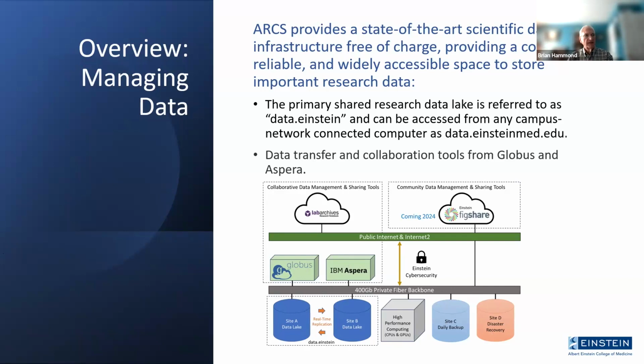These are very simple tools. You just have to get set up, and we can help you with getting those set up. You can also access lab archives. If you want to put stuff up there, we're currently working on a contract with Figshare to be able to put your data up in Figshare, get object IDs from Figshare, and share these all out with your publications. And Figshare has a lot of capabilities with respect to that.